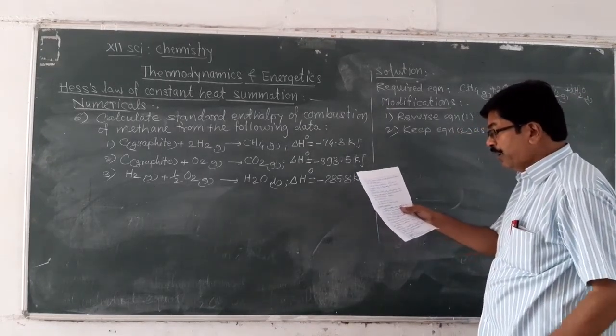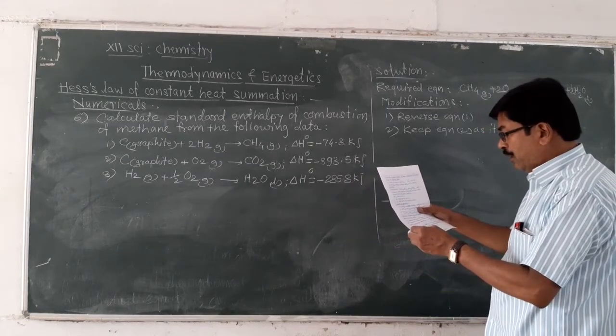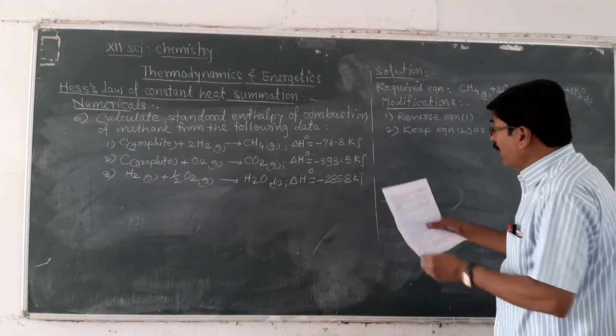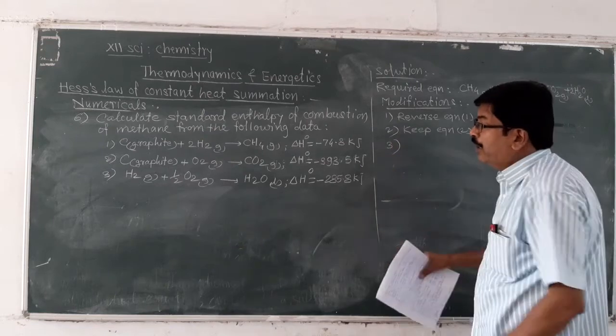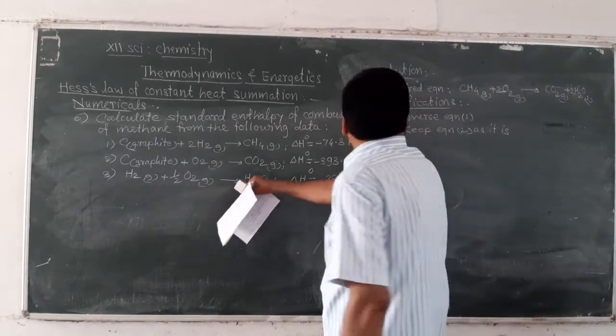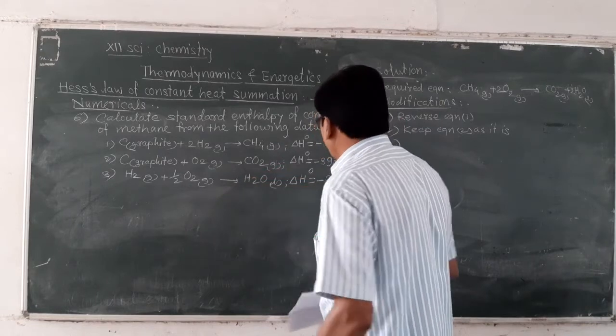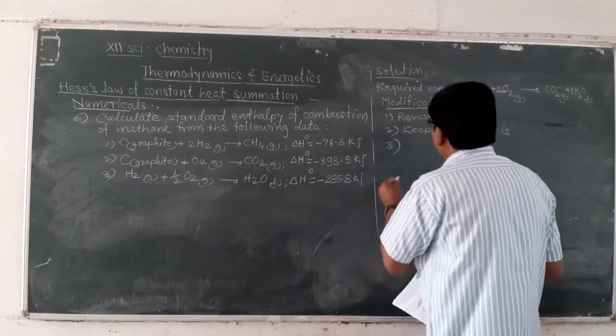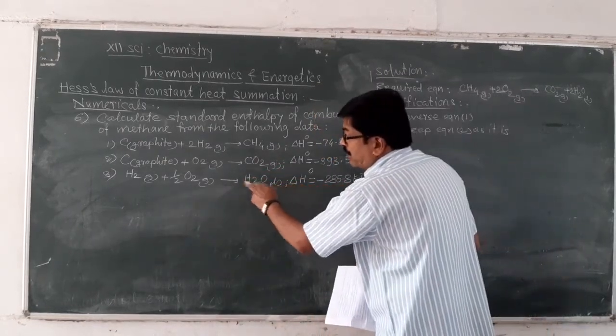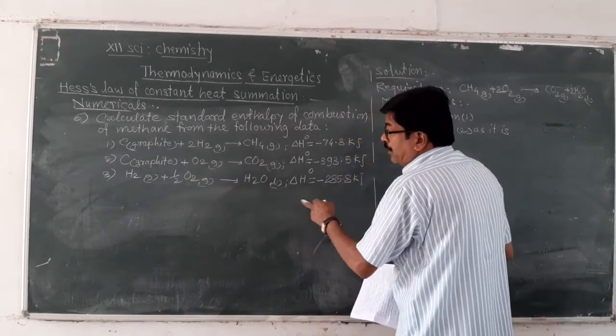What about the third equation? Here we want 2H2O, and therefore you have to multiply equation 3 by 2.